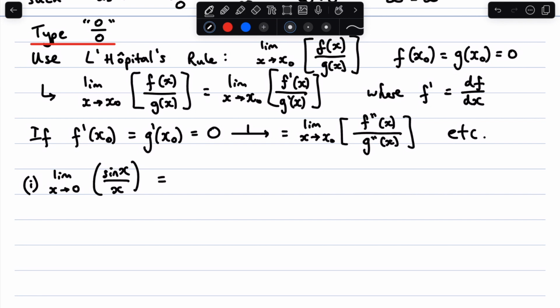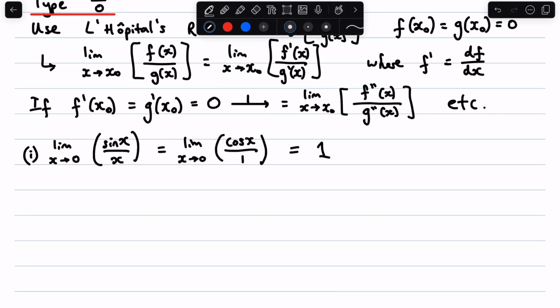So we have the limit as x tends to 0 of cos x divided by 1, as sine x prime and x prime become cos x and 1. And we know the limit of cos x as x tends to 0 is 1, and that's what we found from the geometric proof. So this is a better way of proving it using L'Hopital's rule.